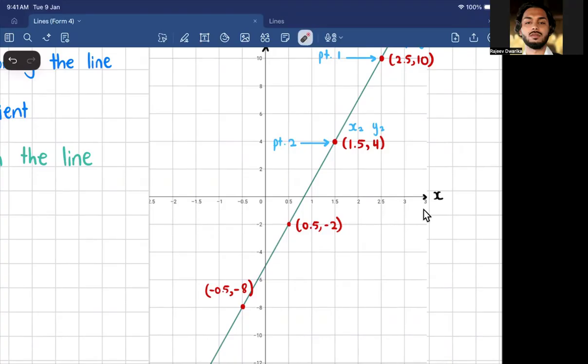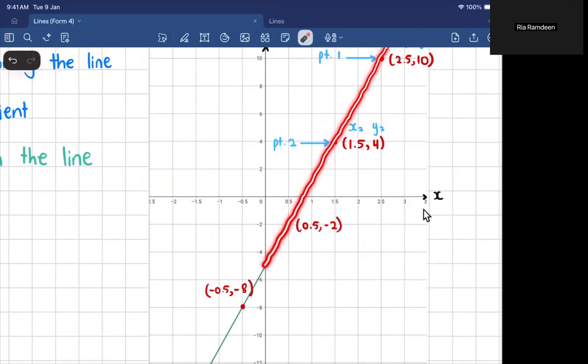We're looking for the y-intercept. So you can stop. Over here? Yeah. At this point.